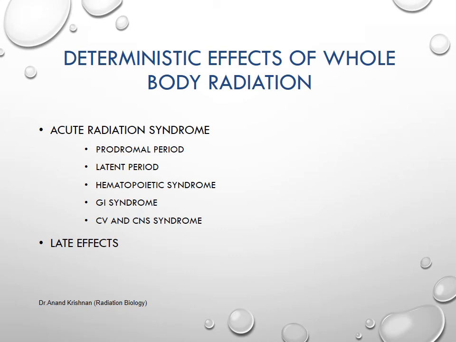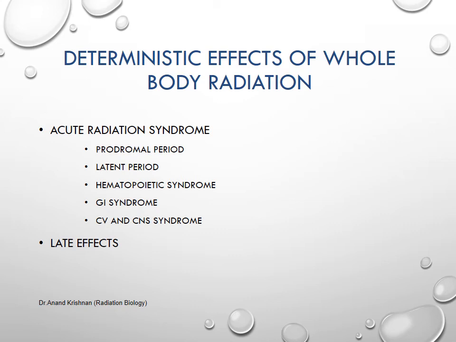Talking about bone marrow syndrome, which is again a hematopoietic syndrome, the full syndrome will occur when the dose is between 0.7 to 10 gray, though mild symptoms might occur between 0.3 to 3 gray. The survival rate of patients with this syndrome decreases with increasing dose, and the primary cause of death in this case is destruction of the bone marrow, resulting in infection and hemorrhage.